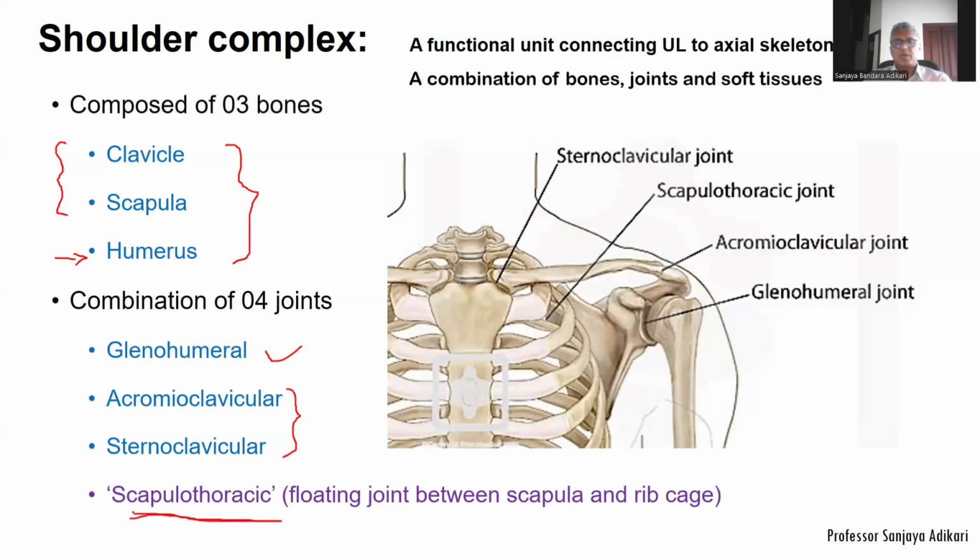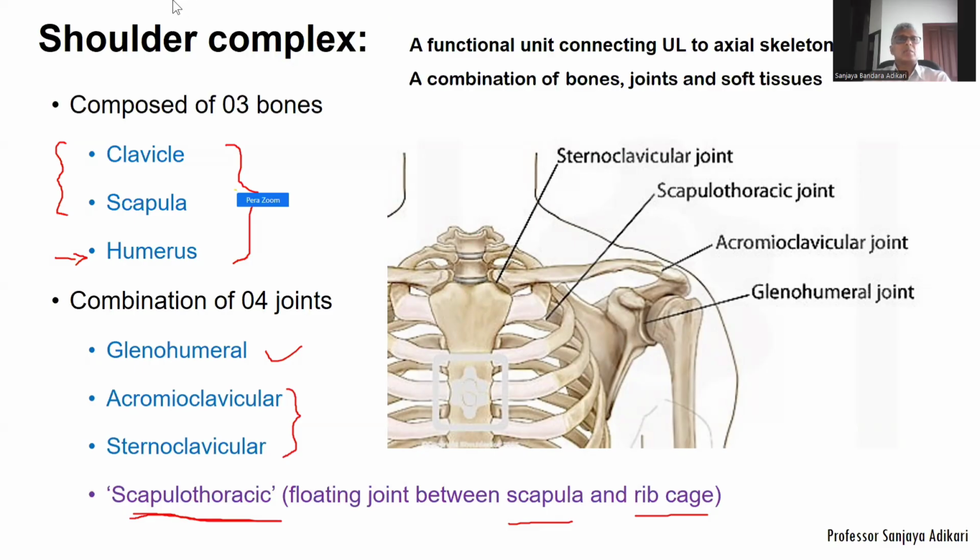It's not a true joint, but it's a functional joint. It's a floating joint between the scapula and the upper part of the rib cage. So when the scapula protracts, retracts, and rotates externally and internally, this joint is in action.